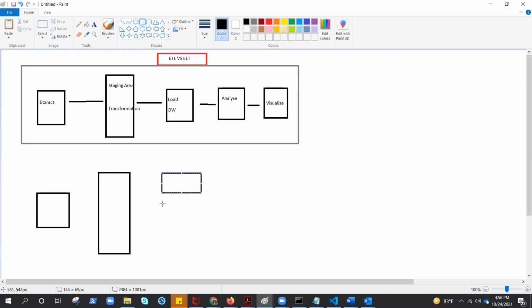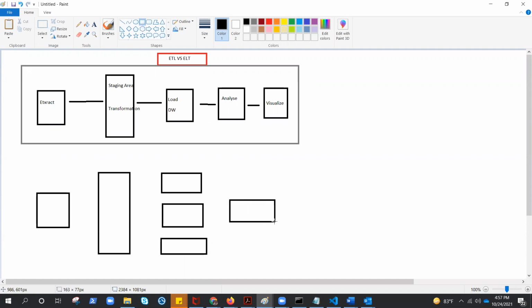You can explore the data with the help of Polybase, maybe inside the data warehouse. Just get it from the data lake, explore it, you can prep it, you can train it, and then you can transform it. Those kind of things can be easily done in the ELT process, and that's how it is taken care of.